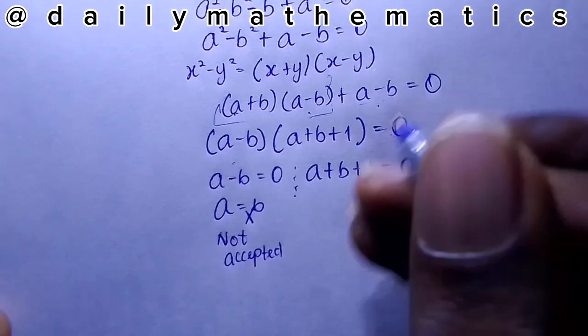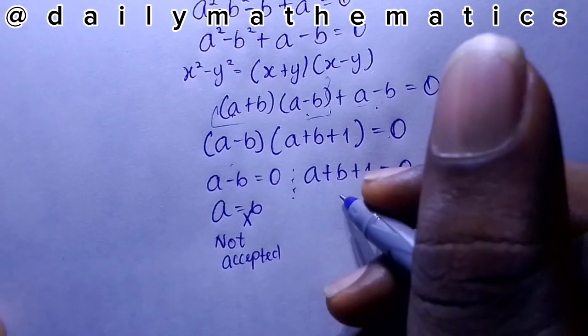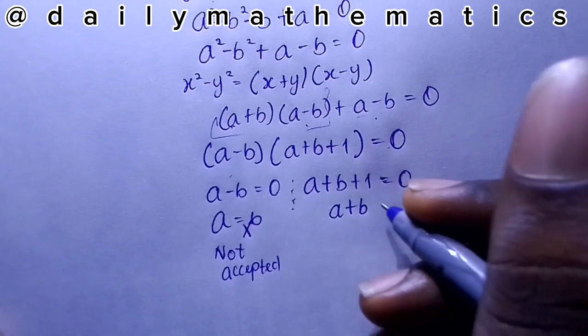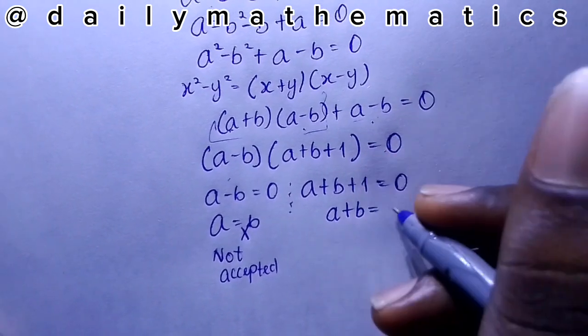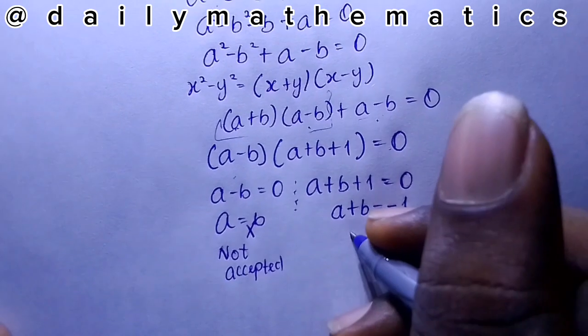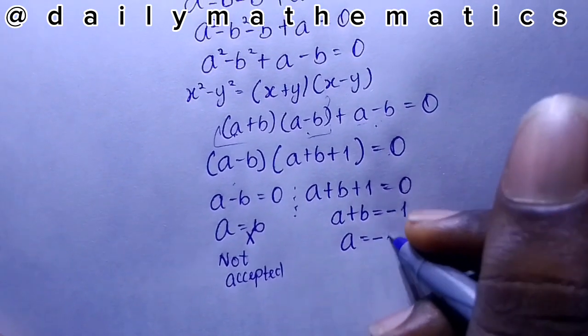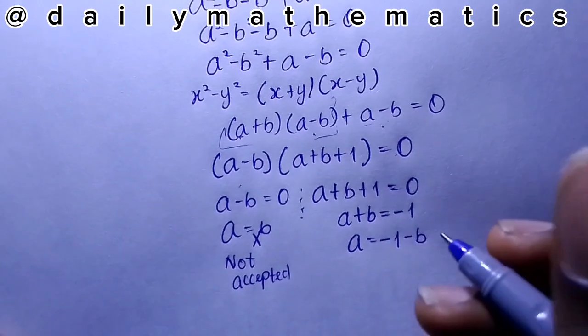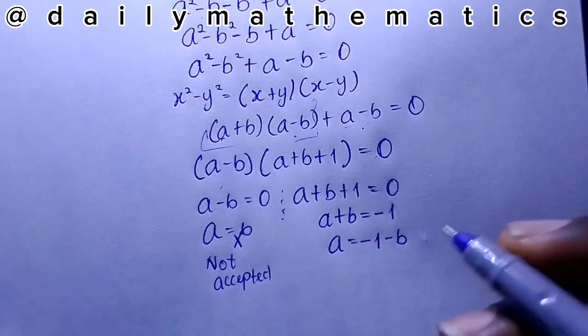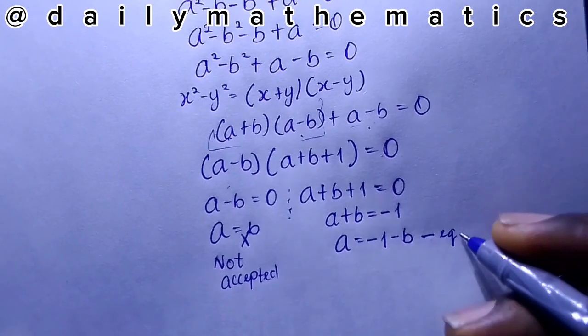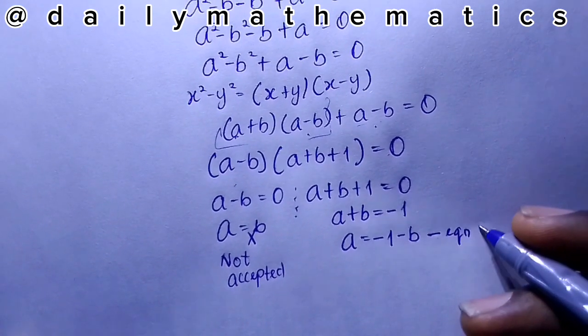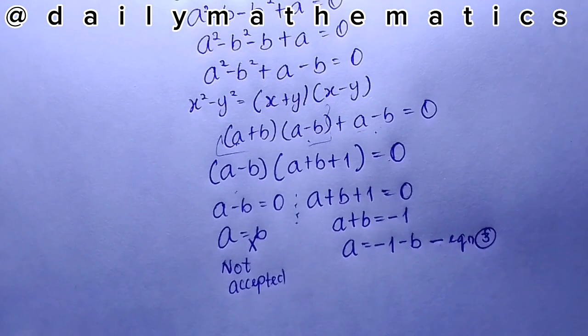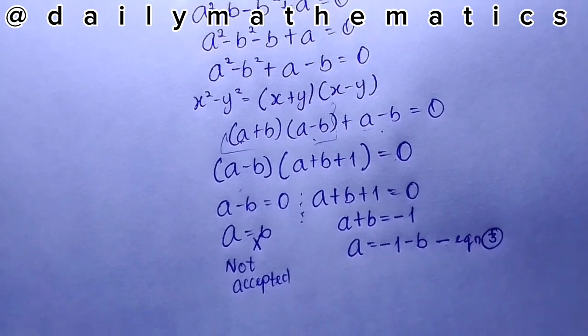We have A plus B plus 1 equals 0. So A plus B equals 0 minus 1, that's minus 1, right? So let's say A equals minus 1 minus B, right? A equals minus 1 minus B. So we can see this is an equation, name it any equation. I would like to name it equation 3, right? A equals minus 1 minus B as equation 3.